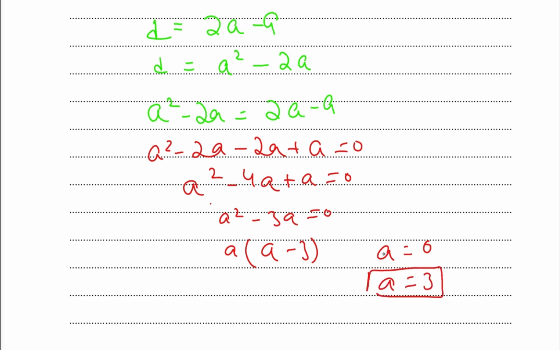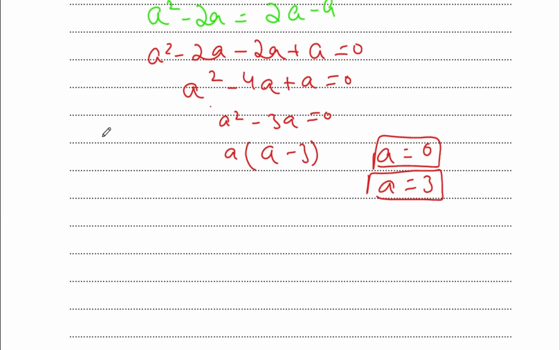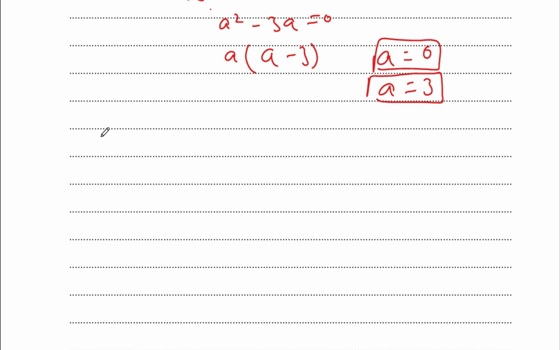So we get a is equal to 3 and a is equal to 0. Going further, we will calculate the difference, d is equal to 2a minus a, and now using a equal to 3, it will be 6 minus 3, so the difference will be 3.